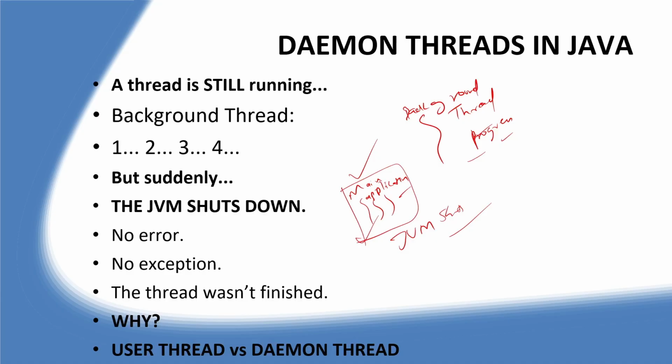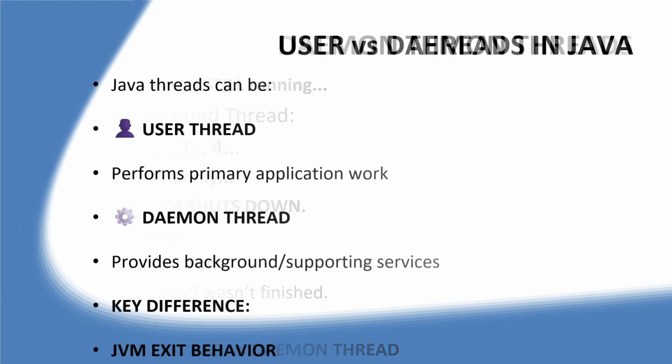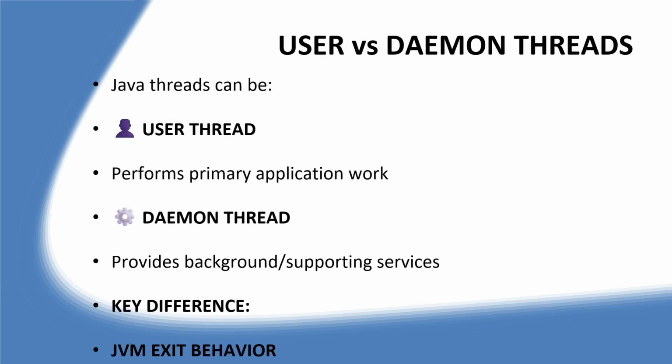From the perspective of JVM shutdown behavior, threads can be classified as user threads and daemon threads. User threads normally perform the primary application work that keeps the JVM alive.